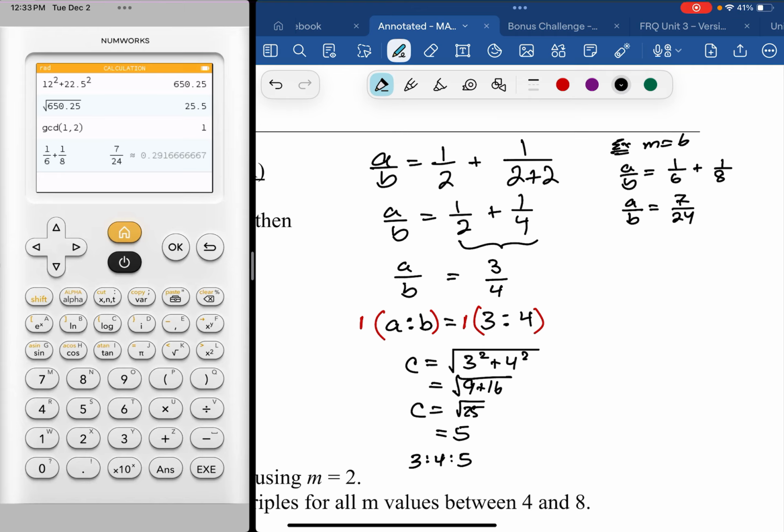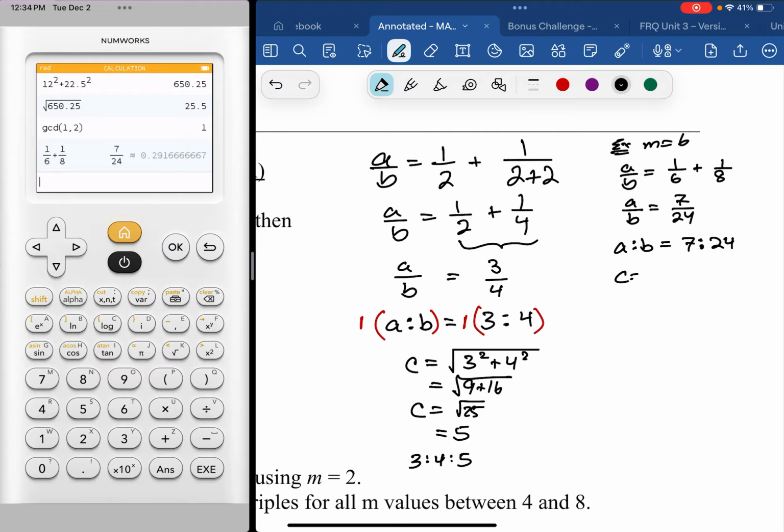So again, if I want to write that as a ratio, a to b, 7 to 24. There is no common factor other than 1 between the 7 and the 24. And they're of different parity. One's even, one's odd, so we're good there.